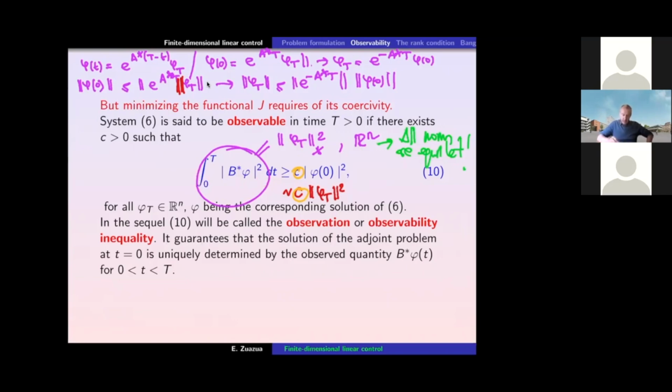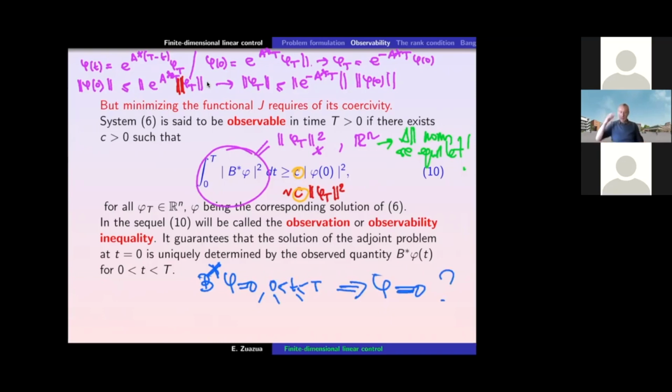And the fact that this is a norm reduces to the question: does b star phi equal to 0 for all t imply that phi is equal to 0 everywhere? And this is why I say observation.